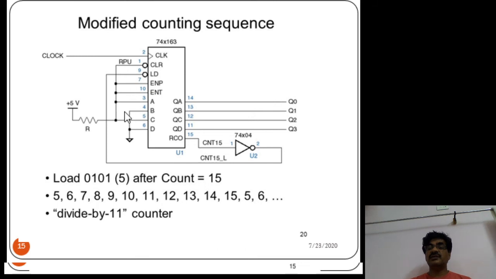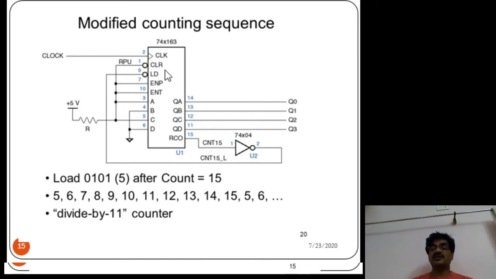At the input the binary value is 5. Connect the RCO output through a NOT gate to the load input, whereas the other inputs, clear, ENP and ENT, are maintained at logic high.